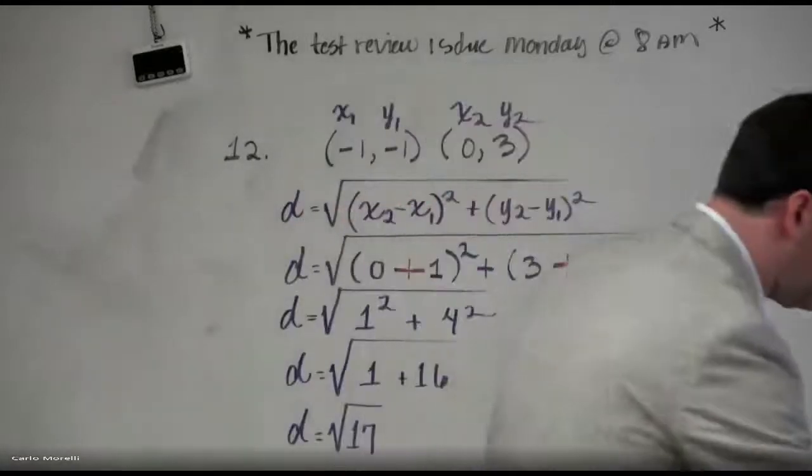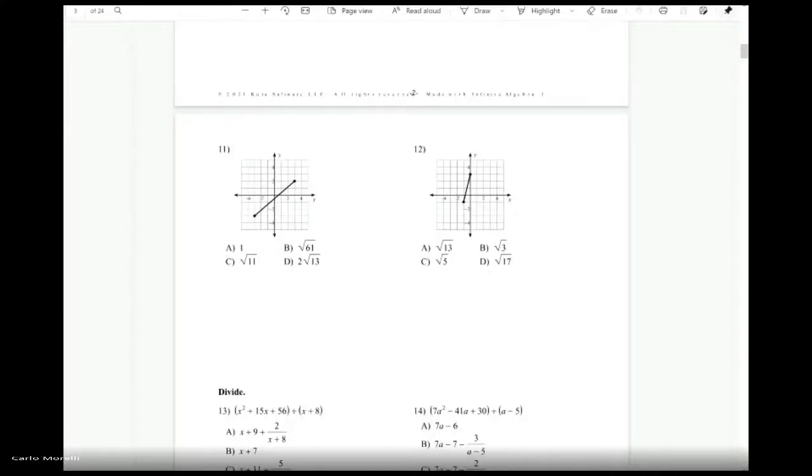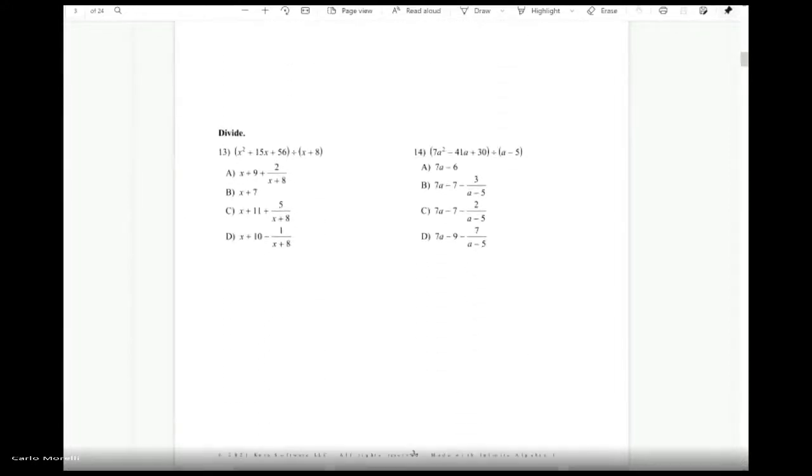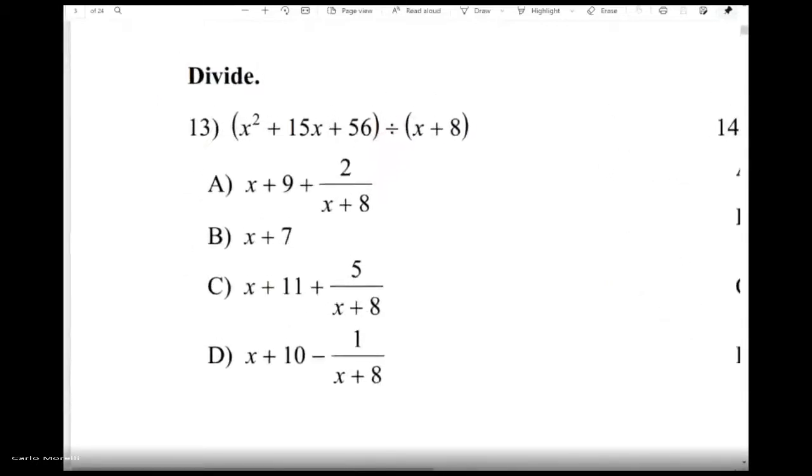All right, so we're moving on now. A totally new topic. This is called polynomial division. This is fun. It's a lot different than what we just did. So the hard part is actually to write all this down.